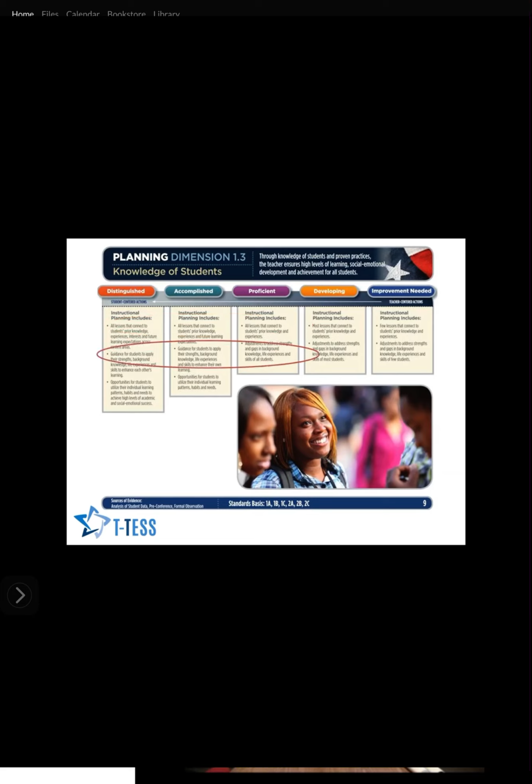The second set of descriptors focus on how teachers know and understand their students and design and implement learning experiences which promote student-to-student interactions that capitalize on their varied strengths, background knowledge about the content and subject matter, life experiences as they relate to the learning goals and outcomes, and other skills.